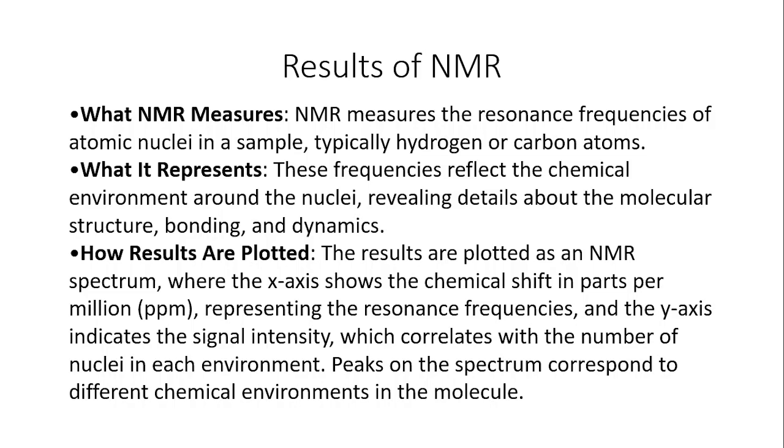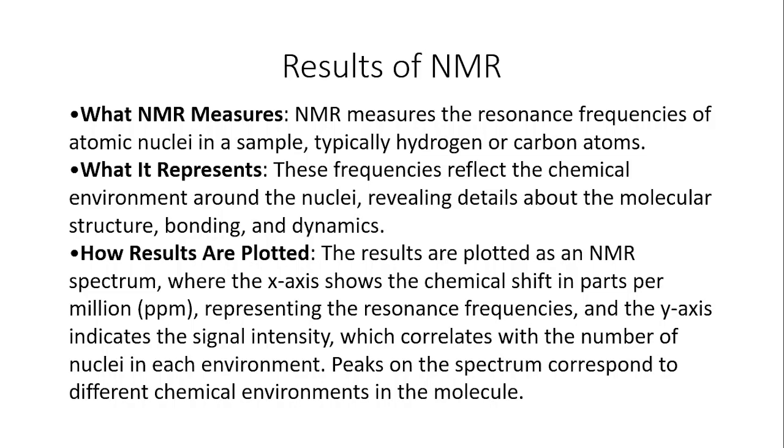Now, NMR measures the resonance frequencies of atomic nuclei in a sample, typically hydrogen or carbon atoms. These frequencies reflect the chemical environment around the nuclei, revealing details about the molecular structure, bonding, and dynamics. The results are plotted as an NMR spectrum where the x-axis shows the chemical shift in parts per million, representing the resonance frequencies, and the y-axis indicates the signal intensity, which correlates with the number of nuclei in each environment.